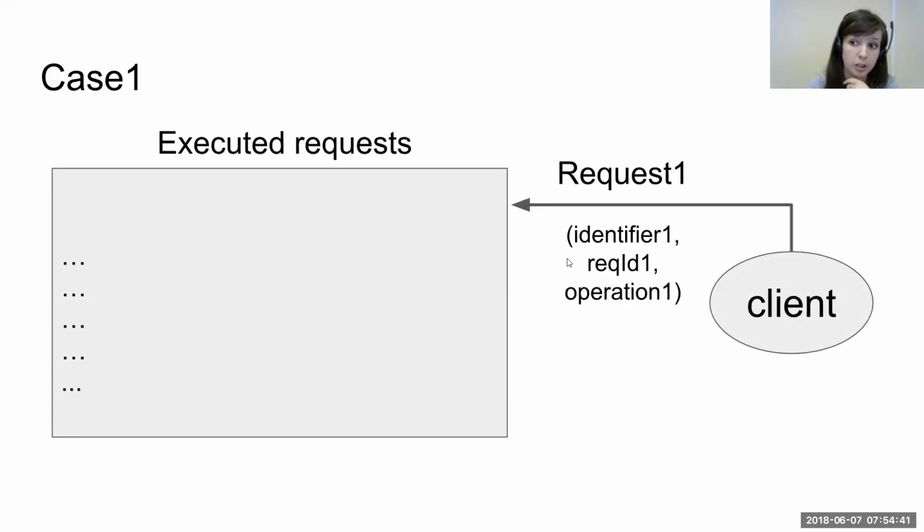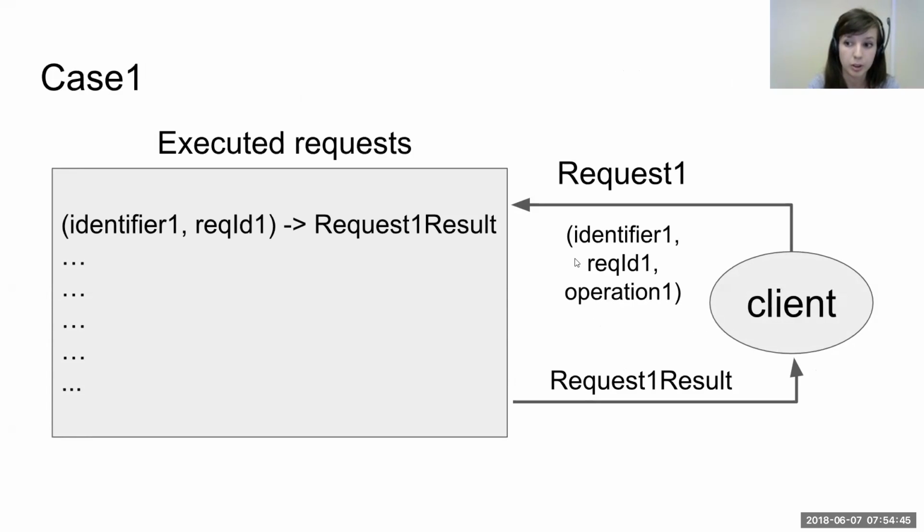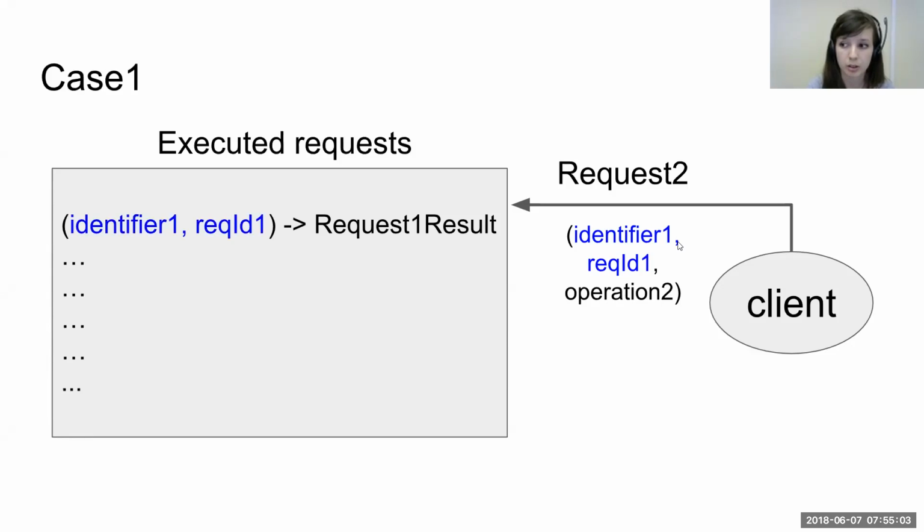Now the client sent a request, it's okay. We processed the response and sent it to the client, and it's recorded in the special structure SecNodeDB. Now we send a new request with new data, but we use the old identifier and request ID.